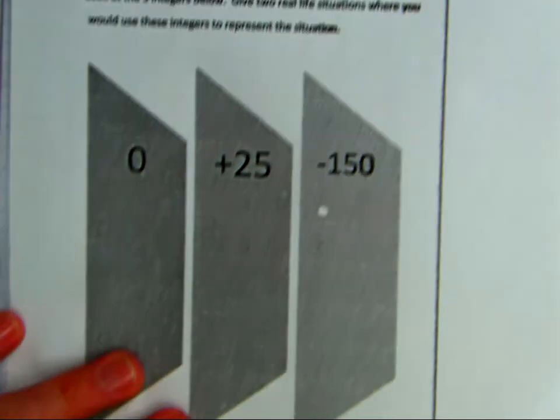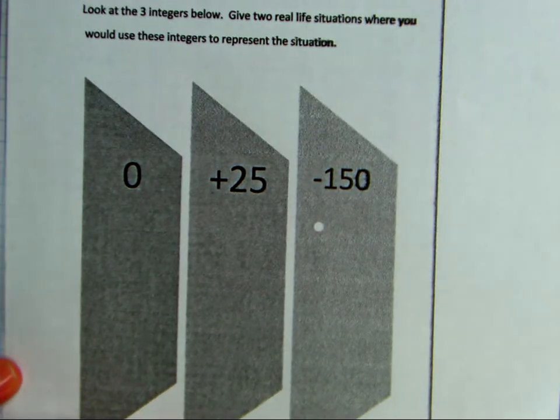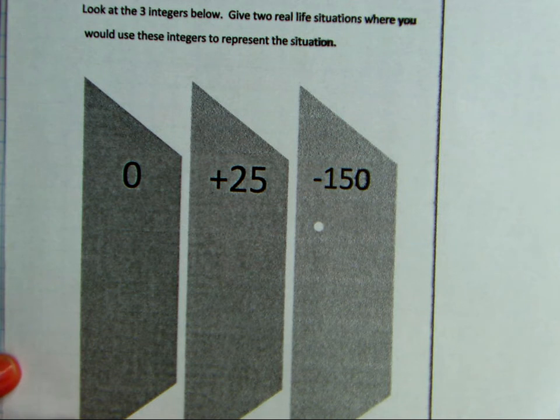Now, on your own, you're going to come over here and give your own explanations. You can use some of the ones that we already had. That's fine. If you want to use the bank account or temperature or the sea level, that's totally cool. But I want you to think of your own examples. Look at the 3 integers below. Give 2 real-life situations where you could use the integers to represent the situation.